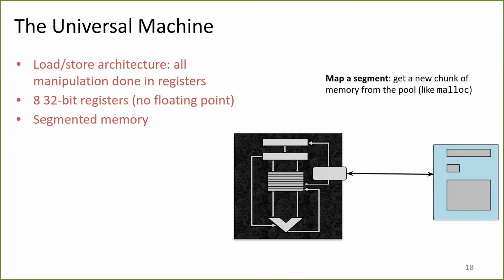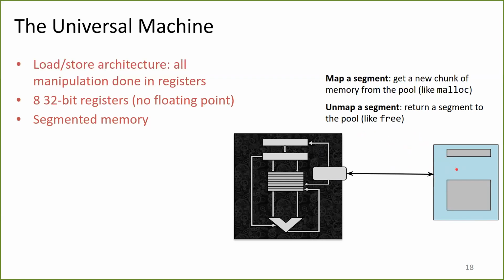If you don't need a segment anymore, maybe you're done with whatever data you were storing there, you can unmap it with another instruction and return it to the pool of free memory. This is a lot like the free function in our C programs. You can provide an identifier. Each segment will have a unique identifier, naming it, and you can provide a segment's identifier to this unmap instruction, which will let you return that segment to the pool.